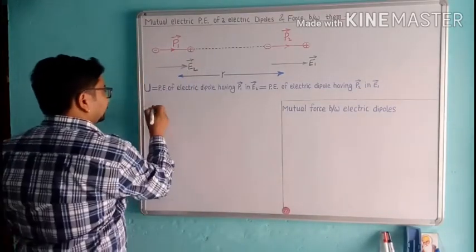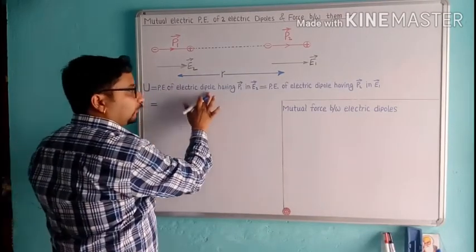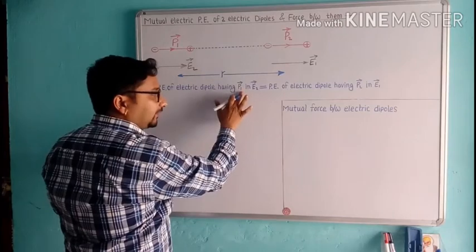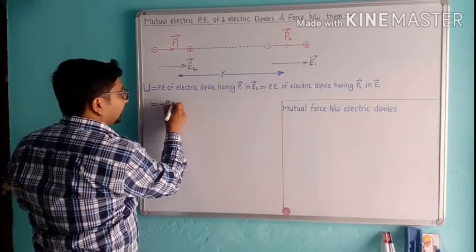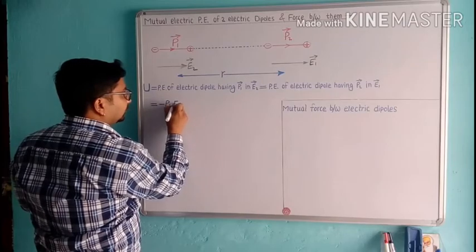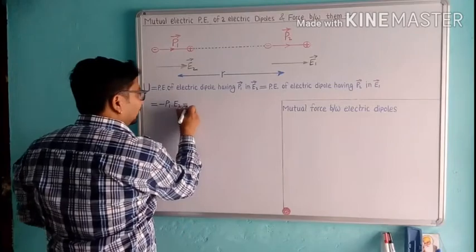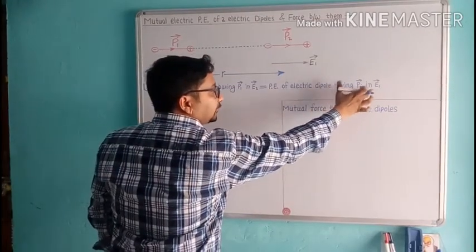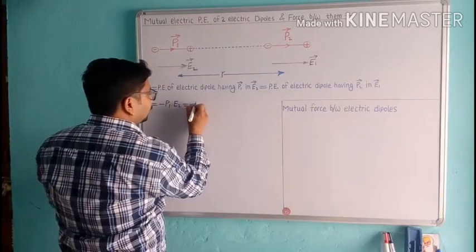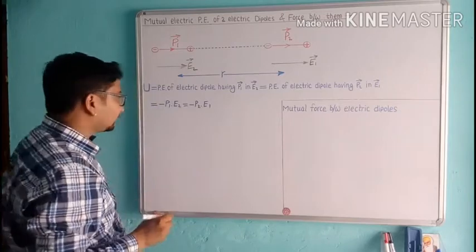Okay, now the potential energy of electric dipole having dipole moment P1 in E2 electric field will be equal to minus P1 into E2, by using the formula, which is equal to the potential energy of electric dipole having dipole moment P2 in E1 electric field, equal to minus P2 into E1.